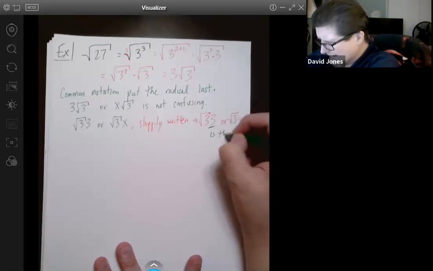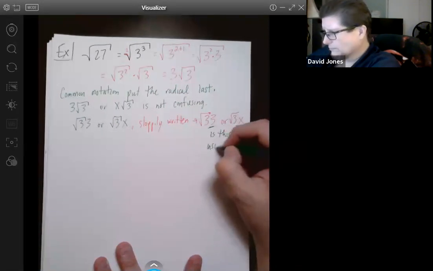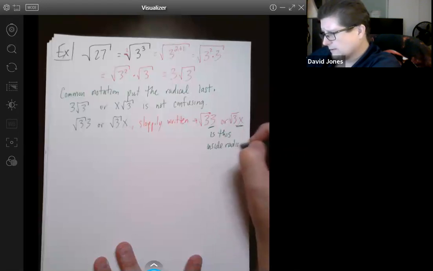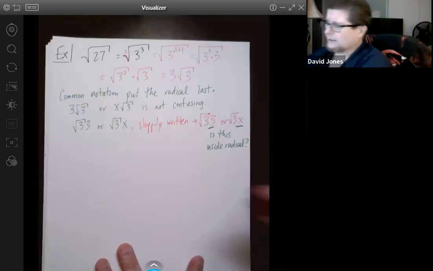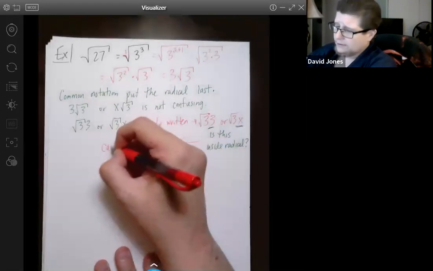Is this inside the radical? So that's confusing. It can be confusing.